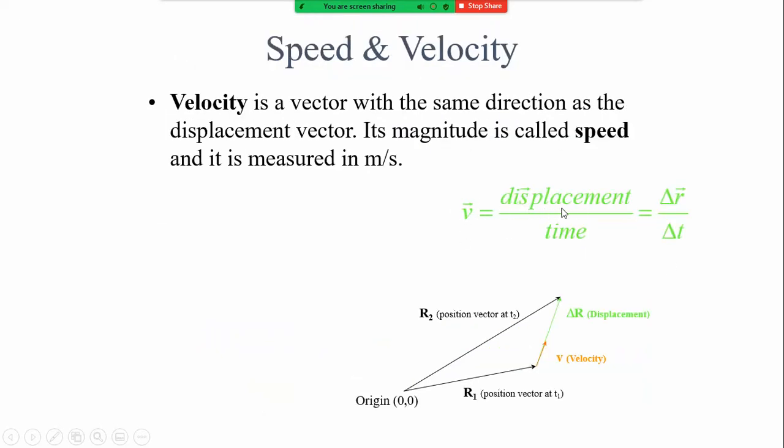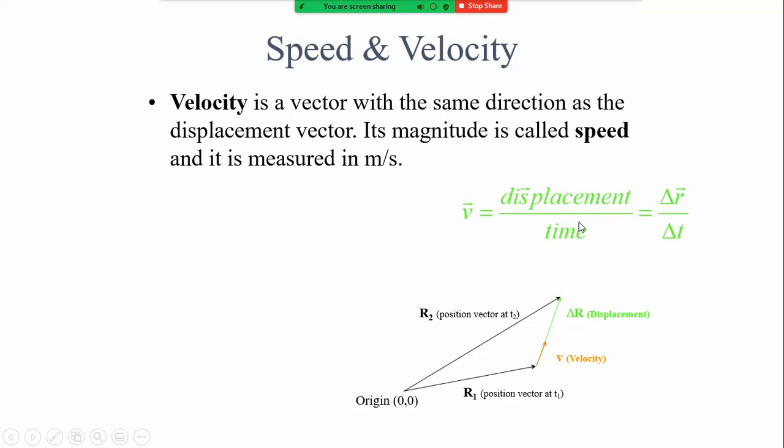So velocity here as a vector is the displacement over time traveled, okay? Again, velocity doesn't take into account the total distance. It takes into account the displacement.